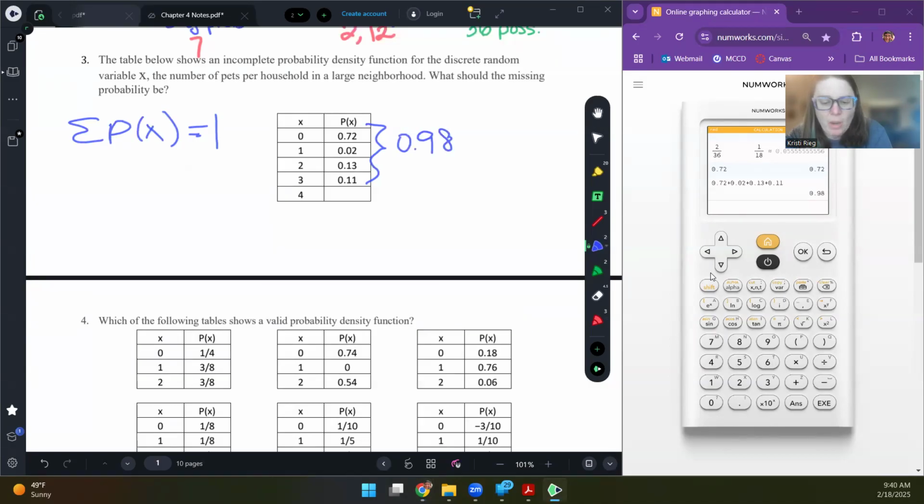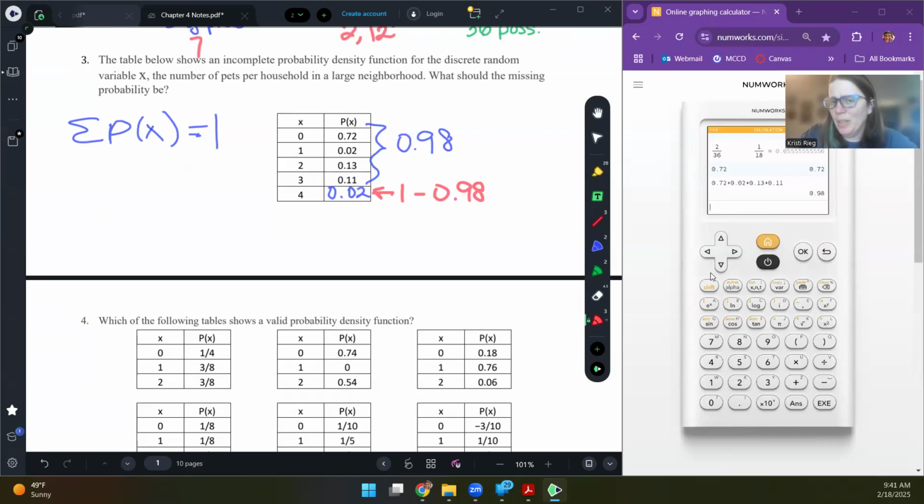The nice thing about all of these adding up to 1 is that you're very familiar with 100 and $1 and all that stuff. So we don't really have to do too much in the calculator. Once we know that this adds up to 98, well, we know from money that there has to be 2 cents left. So this box right here is going to be 1 minus the 98 that we already accounted for.